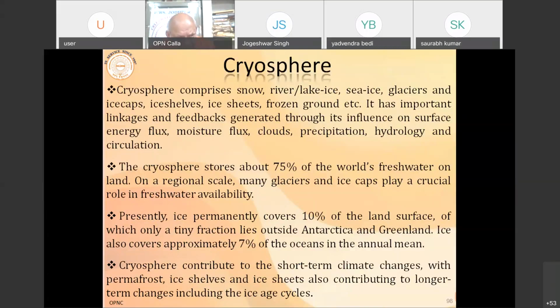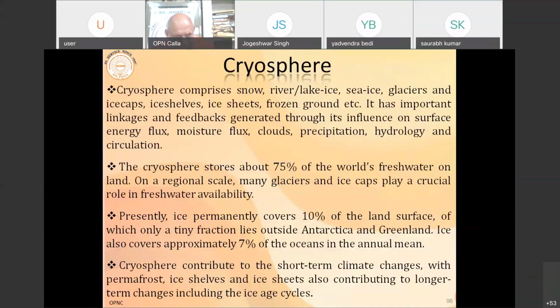Using the satellites, we try to study this with a microradiometer. This is just a mention here, just for information, which all of us know: 75% of the world's fresh water on the land is stored in the cryosphere.